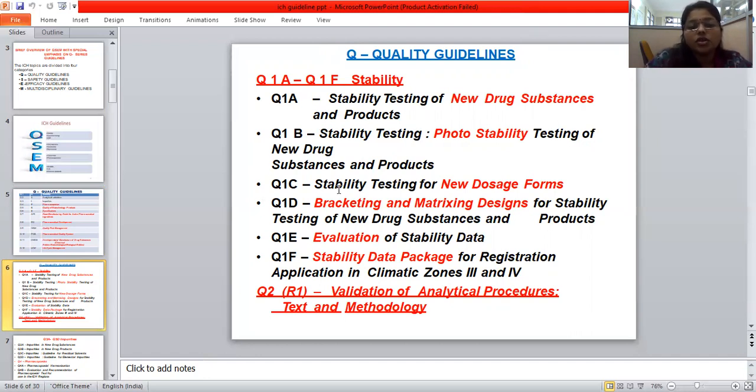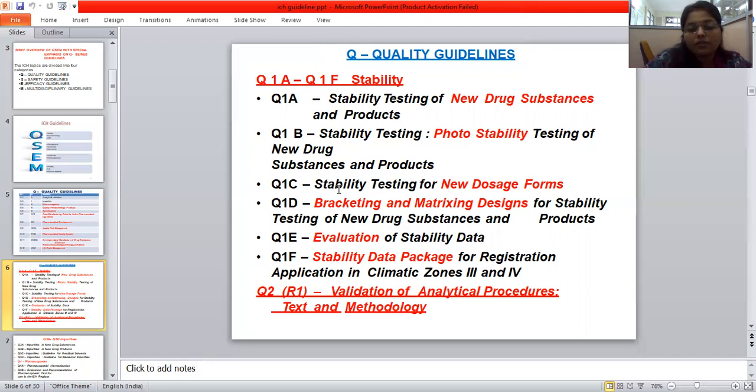Also, we have the ICH Q2 R1 quality guideline for analytical procedure, text and methodology. We have different analytical procedures. In that, we have the text for how to go about accuracy, precision, how to calculate linearity, accuracy, precision, all these validation parameters, how to develop the analytical method, up to how to get validation of the analytical procedure, according to the different texts, methodology, procedure and specification, everything included in the ICH Q2 R1 guideline.